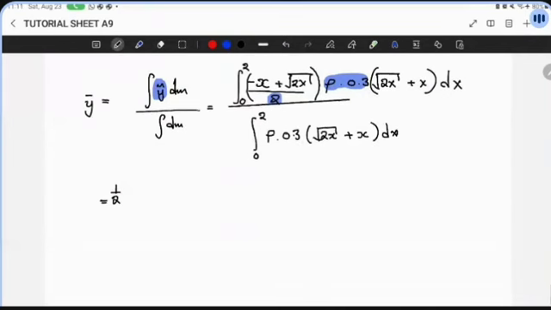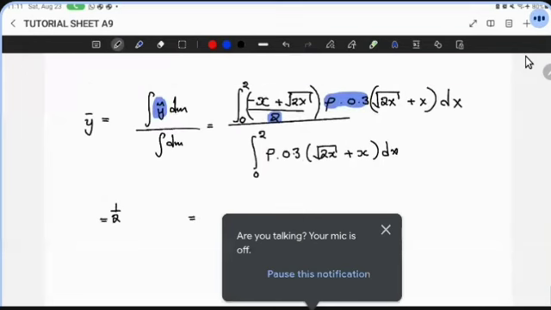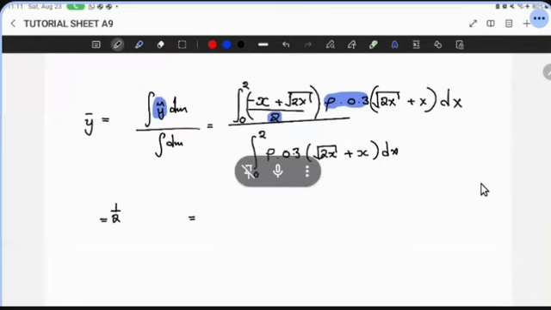So this is where we ended up, so I can factor out in the numerator the half, the density. Everything else remains to be affected by the integral.